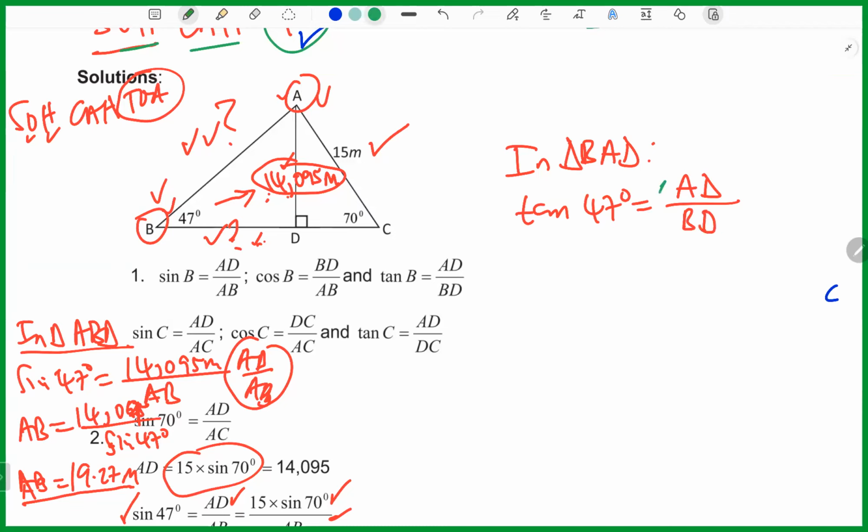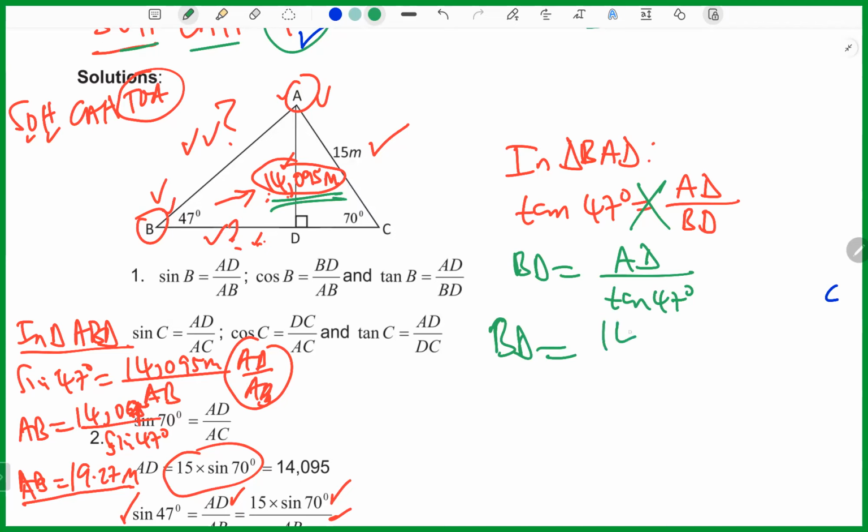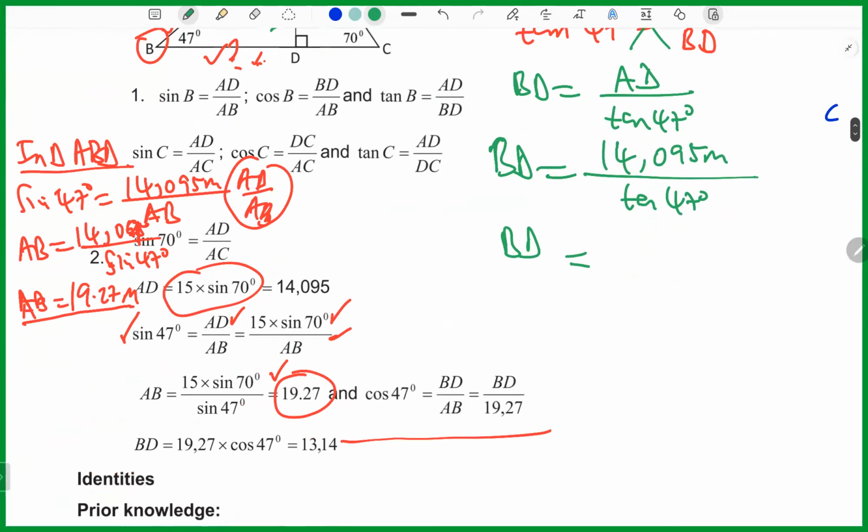So we cross multiply, and BD is the same as AD, which we already know, 14,095 meters, divided by the tangent of 47 degrees. And that is what we get for our BD side.